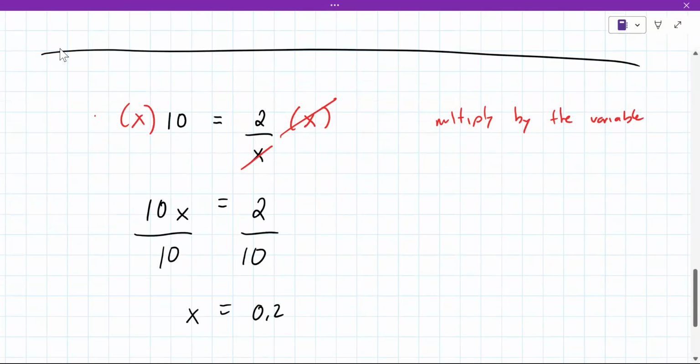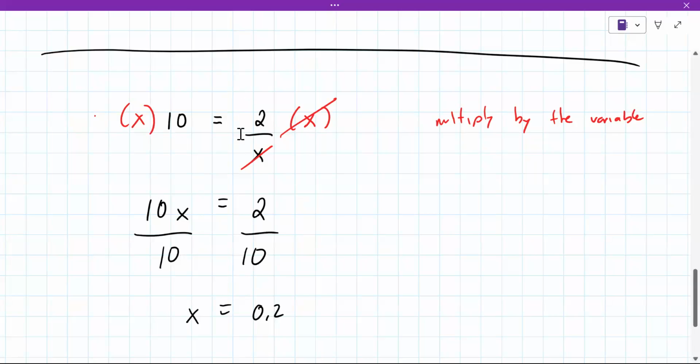I'm going to ask you to write this problem down and send me a picture that you've written this down, because the problem I just gave you is exactly like this. You can show it on camera or take a picture and send it to me. I got to see that you've written this down.